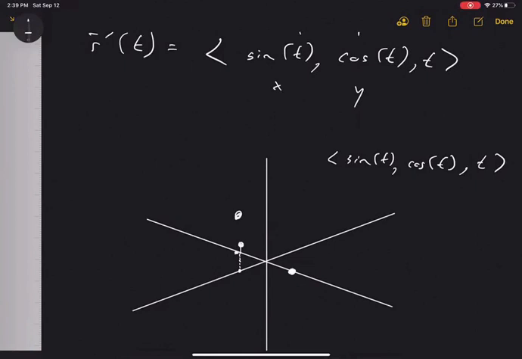And when t is 3π/2, I'd be at this point on this axis in the xy plane, but then I'd be up by 3π/2.